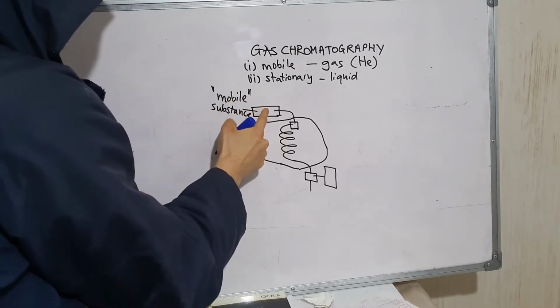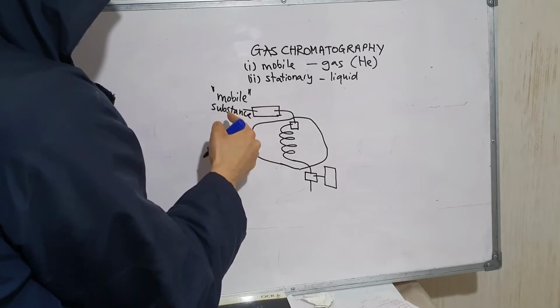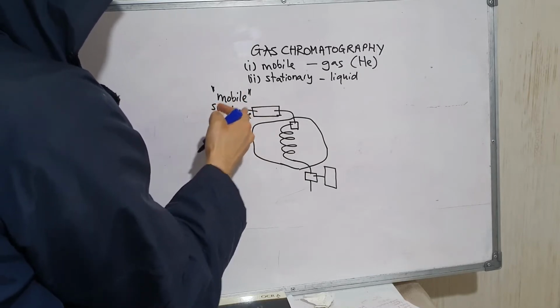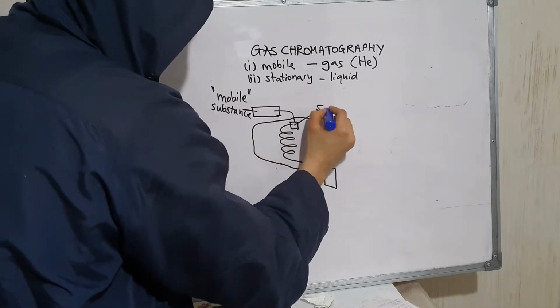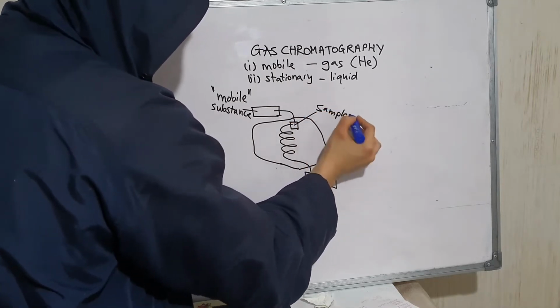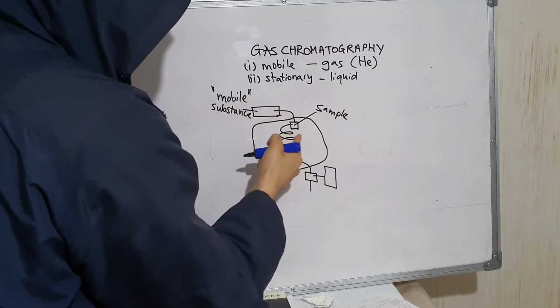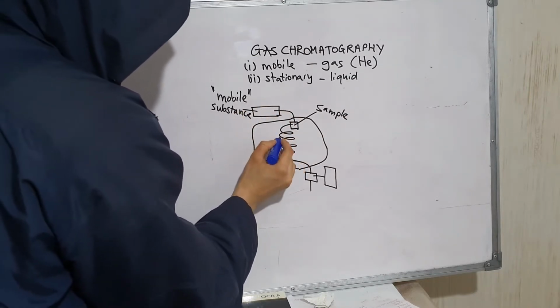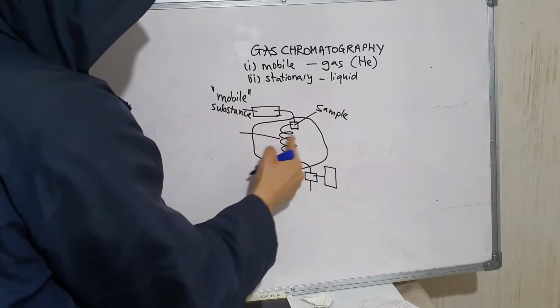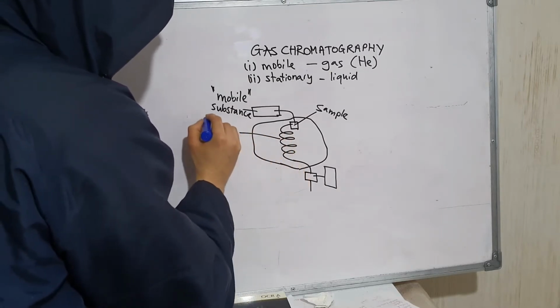This is the substance that you want to mix with, but it's mixed with a gas, and this is the sample that you want to investigate. It could be injected into the mobile substance, and this is the column. This coiled thing is called the column.